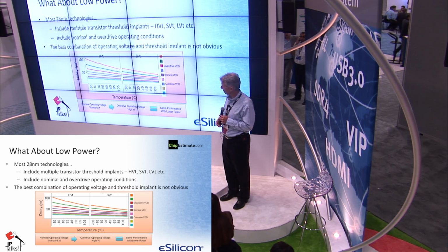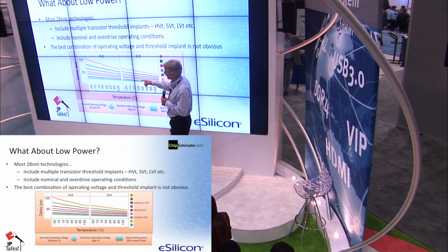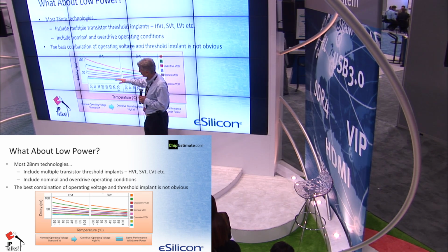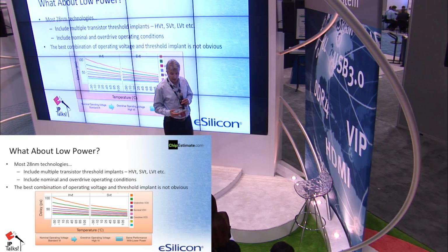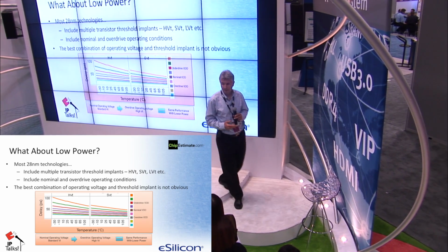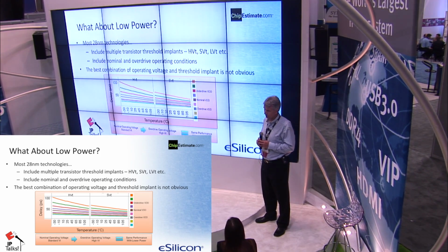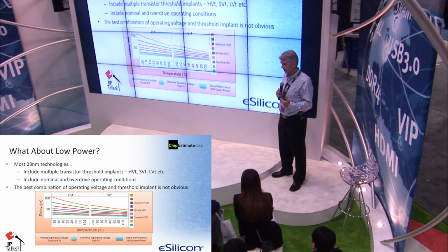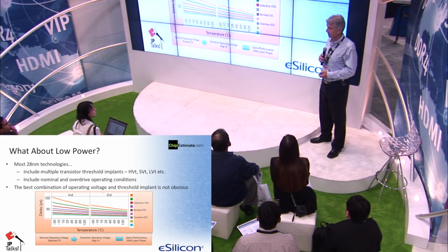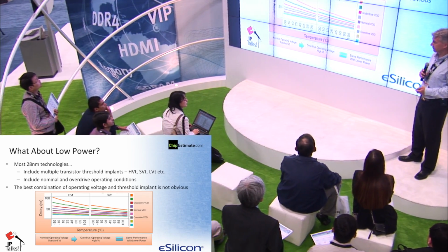And yet what we actually find is that by taking HVT transistors and overdriving them, we can get the delay down to the point where it is as good as the SVT transistors, but you're actually using less power. So this is a kind of counterintuitive result, but it's the sort of thing that we're finding more and more in these very detailed analyses that we need to do in order to get the right result from the chip.